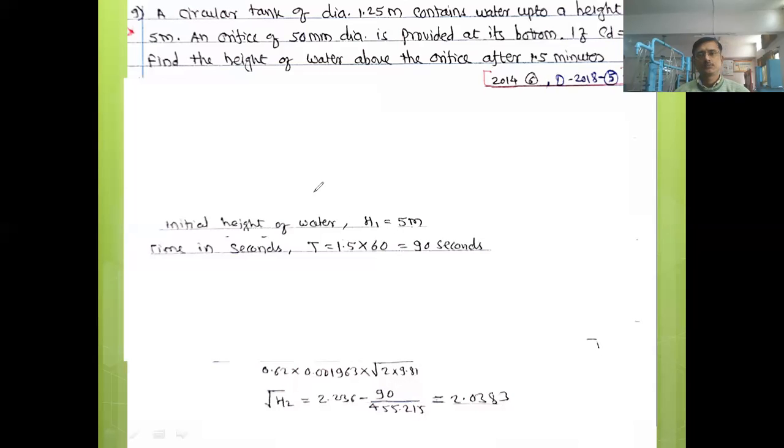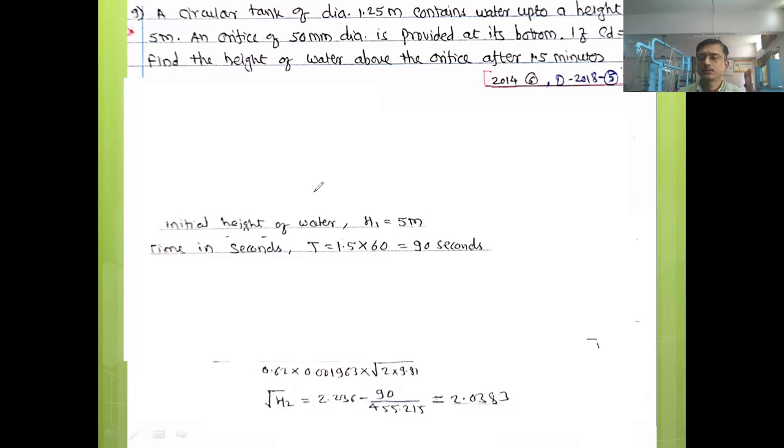In the last problem, we were asked to find the time required to reduce the height from one specific height to a lower height. But here, the time is given, and we need to find what will be the height after that particular time.